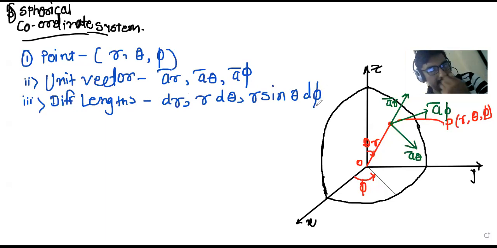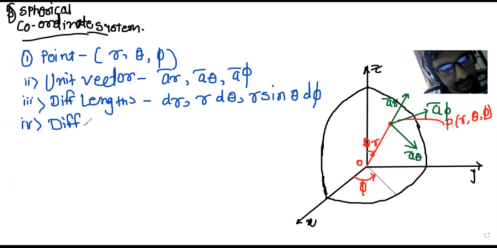See, these are differential lengths of spherical coordinate system. Then we have differential areas, differential surface areas.